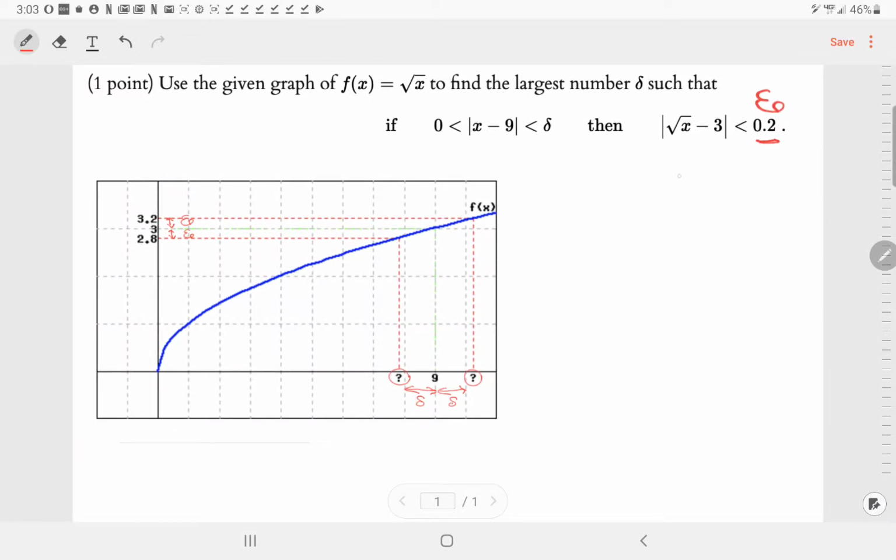So we'll start here with that function right here, and we'll solve it and find out what the bounds are for x. To solve an inequality that has an absolute value, we can just write it as negative 0.2 is less than, we take the absolute value away, square root of x minus 3 is less or equal to 0.2.